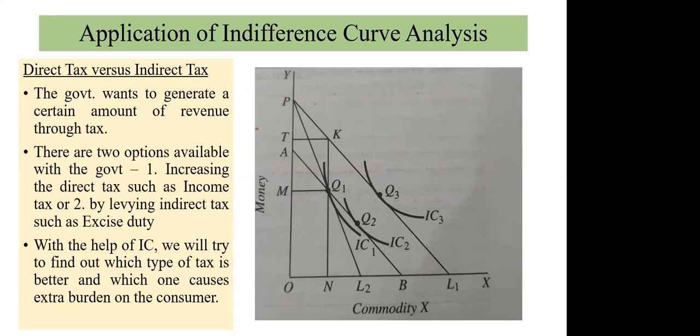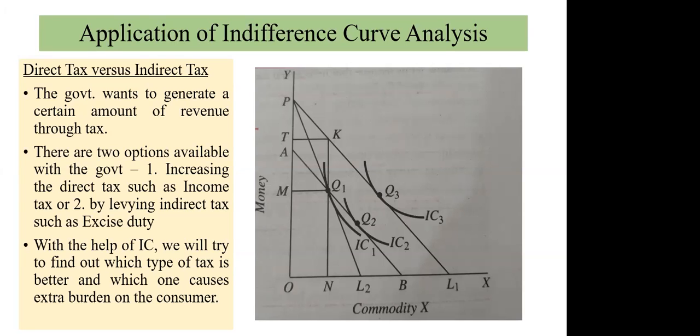And in case of indirect tax, like sales tax, the initial burden is on the producer, like GST. But when we as a consumer purchase that particular product, we are actually paying from our pocket. So even if the initial burden is on the producer, the final burden is on ourselves, which is the consumer. So that is indirect tax.